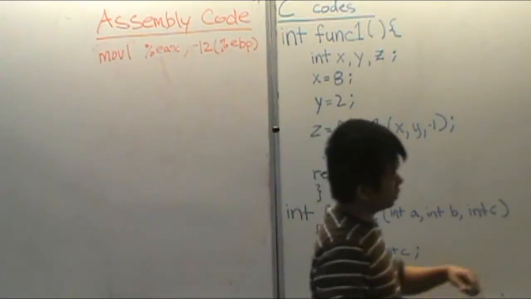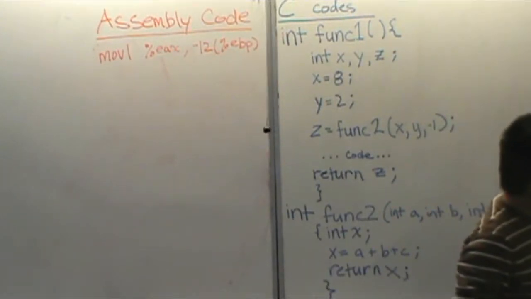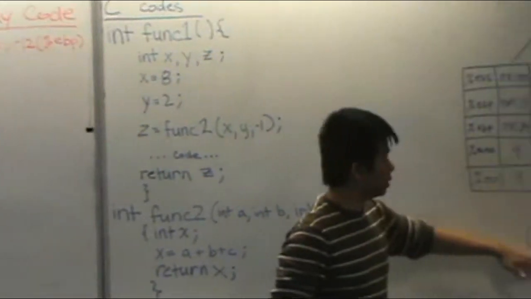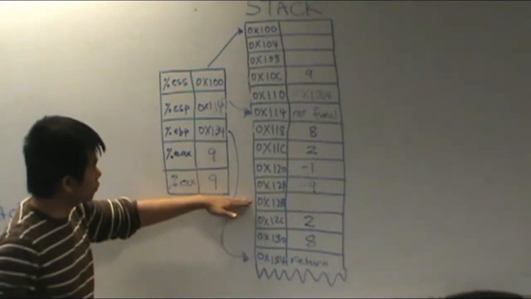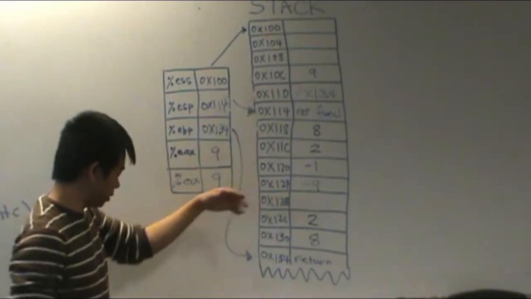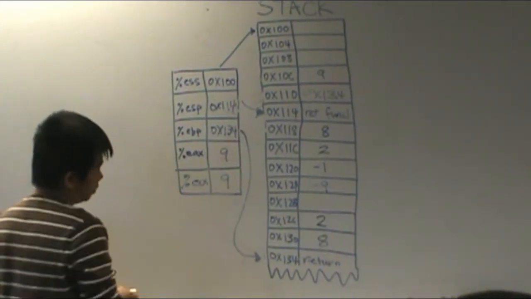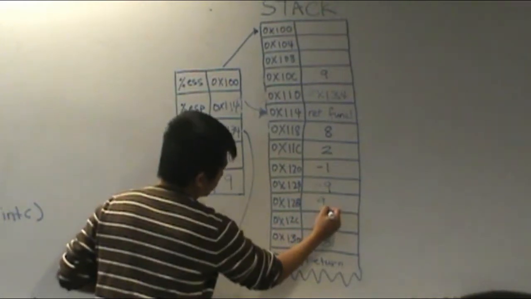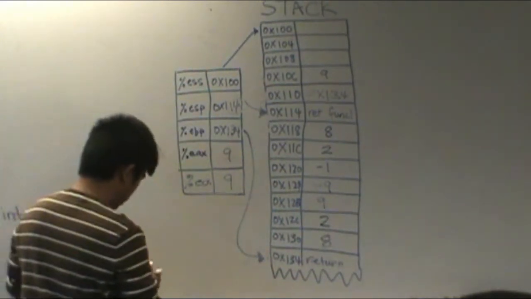So basically, EBP is here after we popped it, and 12 from EBP will be here. So this will have none in it.